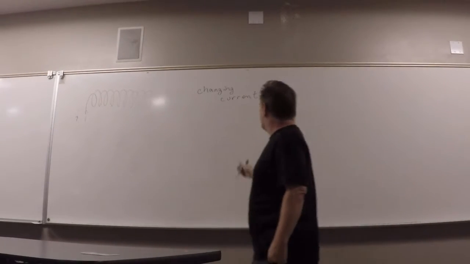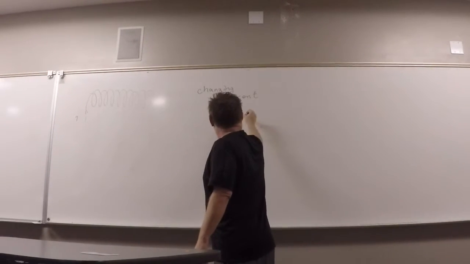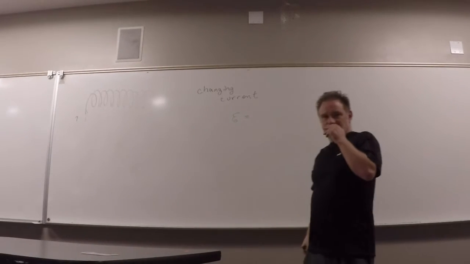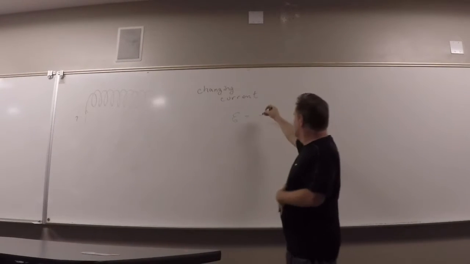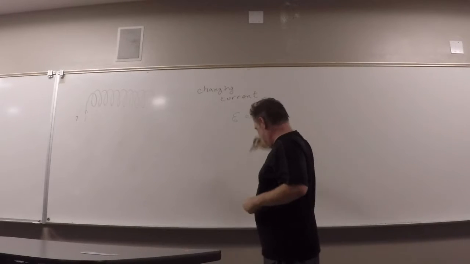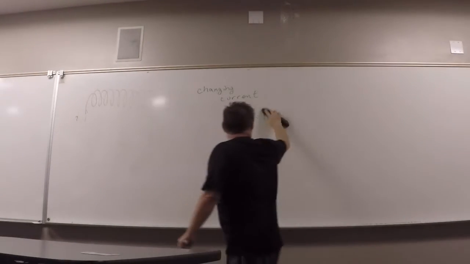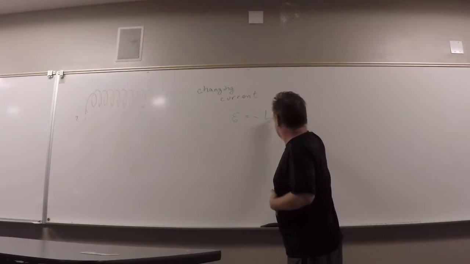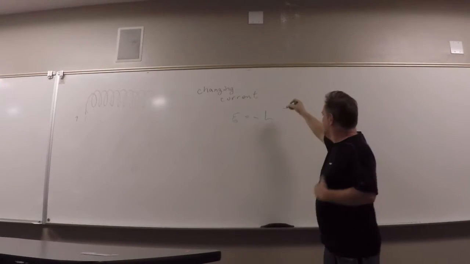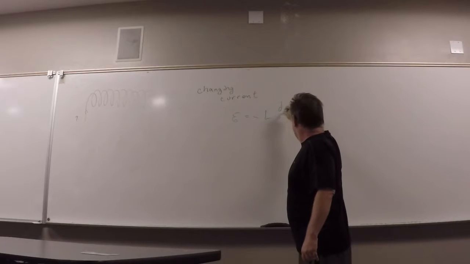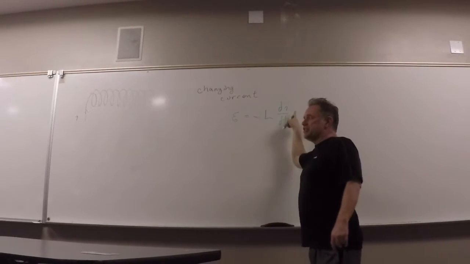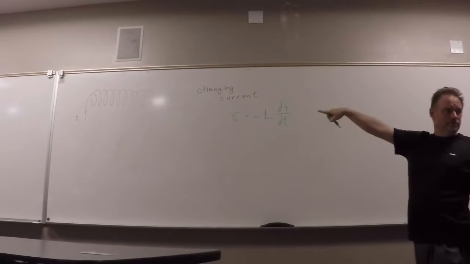And then the voltage across the inductance is minus the inductance that we've calculated multiplied by di dt, because we already included the number of loops, where that's the current in the inductor.